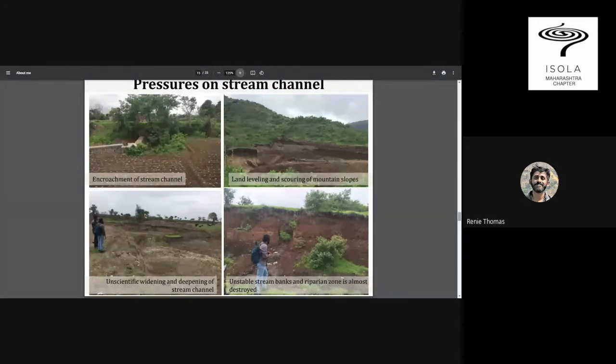So it's not the natural water which has been flowing from the stream, but the groundwater which is being exposed along these streams which have been widened. The stream banks, the riparian zone, are completely destroyed. Because of this widening and deepening, the stream banks are very unstable, so there is a lot of soil also being carried down, which is very important for any landscape. When we talk about water, soil is also important. So this soil is also being carried out. Next slide.